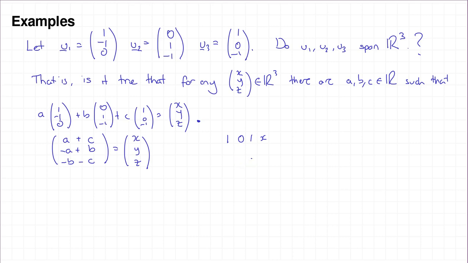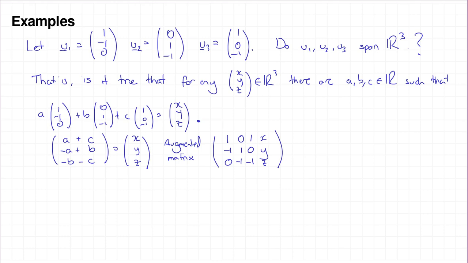Let me write this more carefully. What is it? Rows: 1, 0, 1, x; minus 1, 1, 0, y; and then 0, minus 1, minus 1, z. This is the augmented matrix for the system of linear equations a plus c equals x, minus a plus b equals y, minus b minus c equals z.